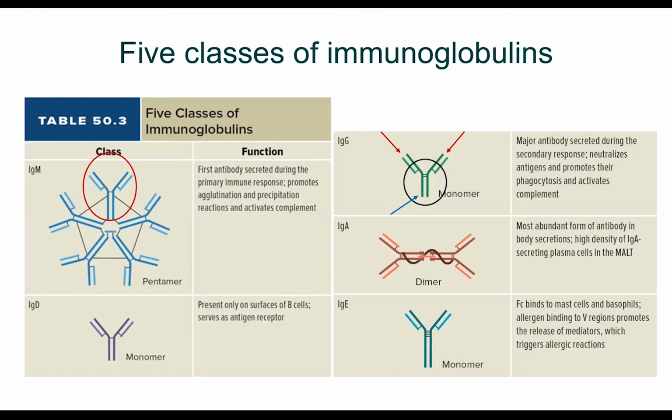Now, IgA is a dimer antibody that is found in body secretions, such as the mucosal regions of our epithelia. Additionally, IgA is found in breast milk, which introduces antibodies to the digestive tract of nursing young, which is another example of passive immunity. And finally, IgE is involved in triggering allergic reactions through the activation of basophils and mast cells.